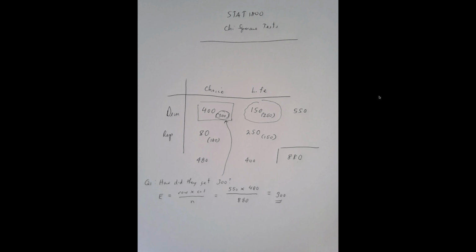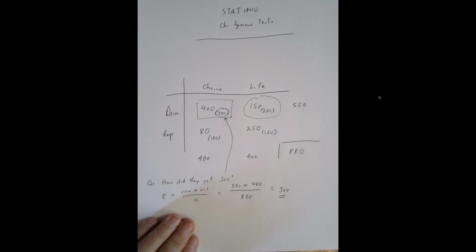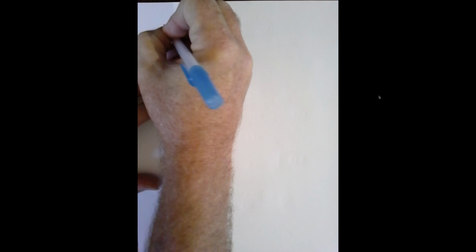Now, why do we care about the expected cell count? Well, here's the way the process plays out with the chi-square test of independence and chi-square test of equal proportions.